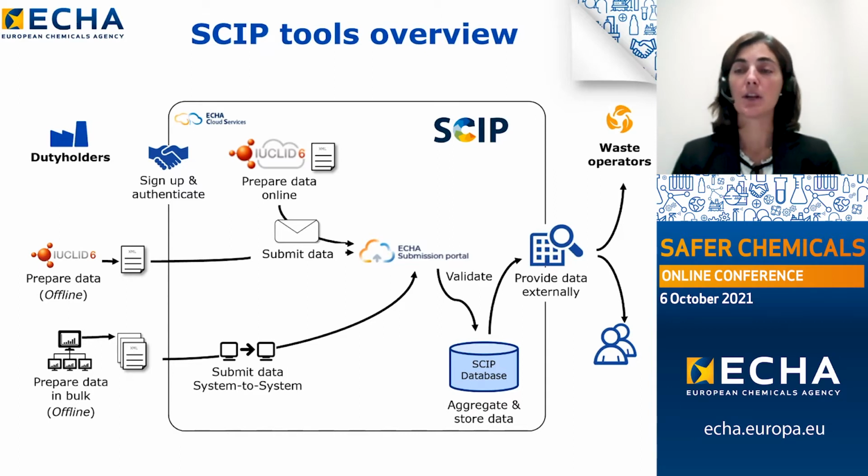The information will be publicly available. Additional information on how to use these tools, all the support documentation that we have prepared for you, and how to access these tools is available on the SCIP webpage, in the section Tools and also in the section Support.